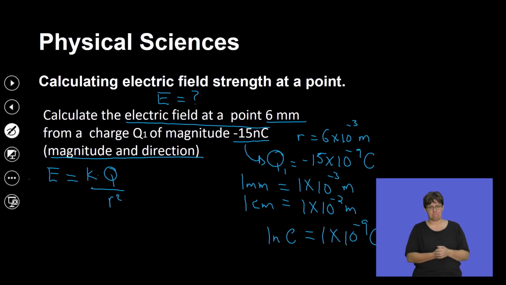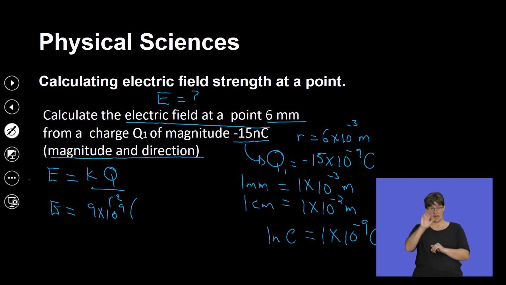Okay, so that's the formula, and the value of the constant is also given in the table of physical constants. So E is equal to K, which is 9 times 10 exponent 9.